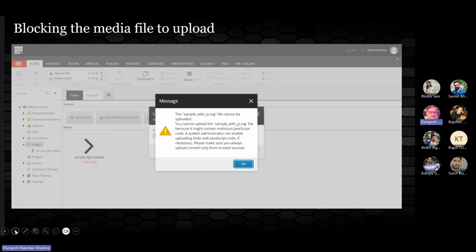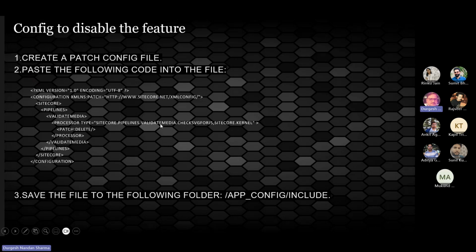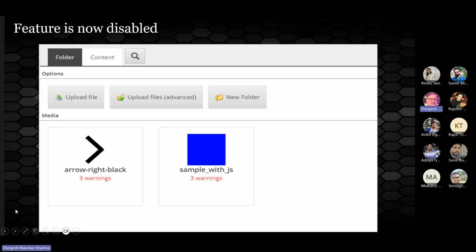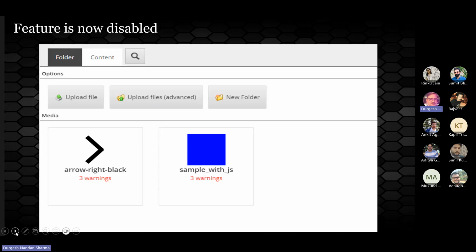To disable this feature, we will create a patch file, and in the patch file we will go with the validate media, check for SVG JS processor, and delete it. So next time whenever we upload an SVG file, it will not validate the media for JS. Next time, whenever I upload the sample with JS, it will allow me to upload the SVG file.